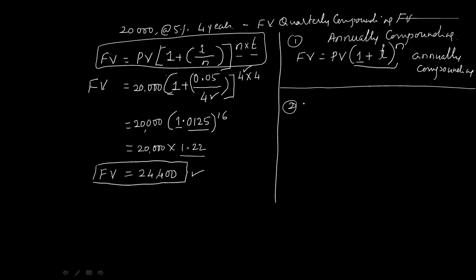It is quarterly compounding. The same formula comes for semi-annually or monthly. Whereas, the middle part only, I will show you. Present value will be the same as it is. Present value multiplied by 1 plus I divided by n.